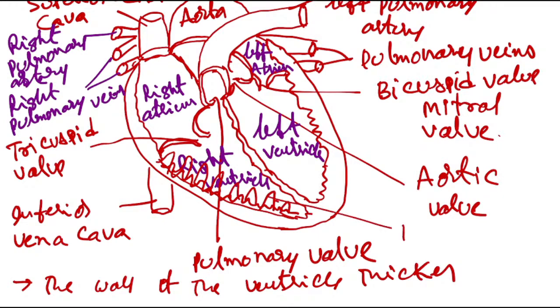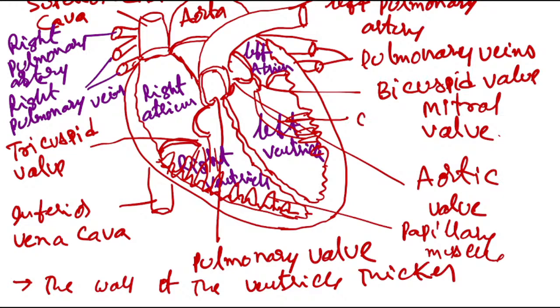These are papillary muscles, and from these are the cords. These are called chordae tendineae.